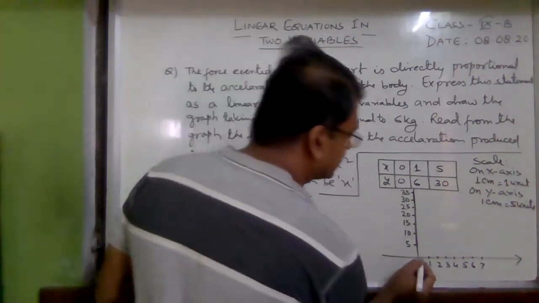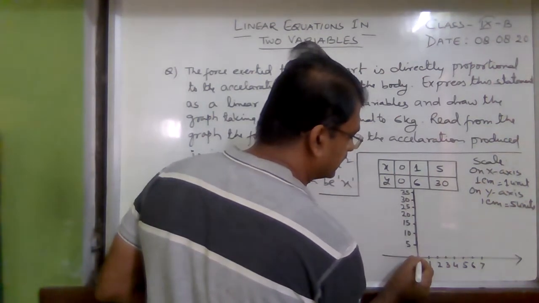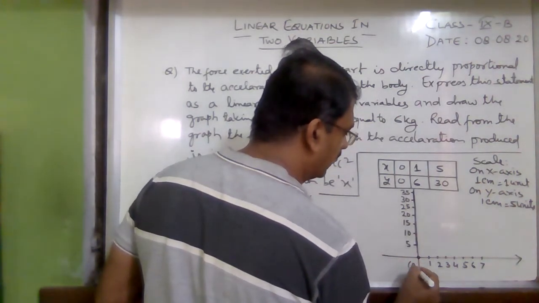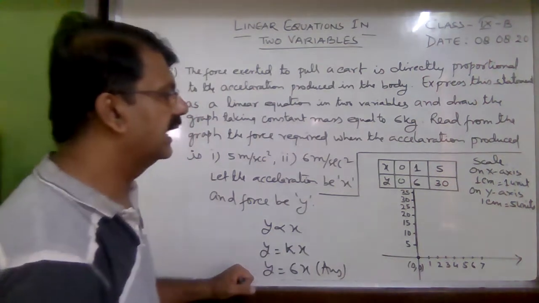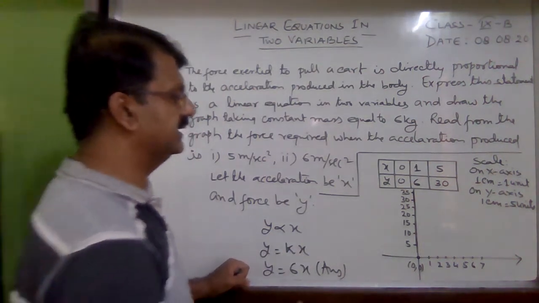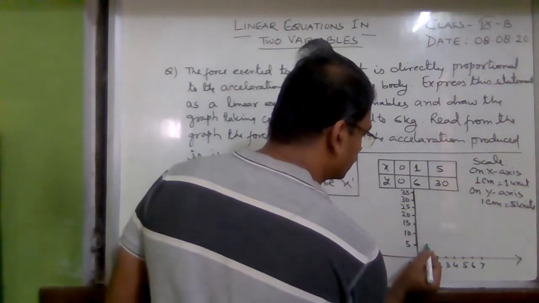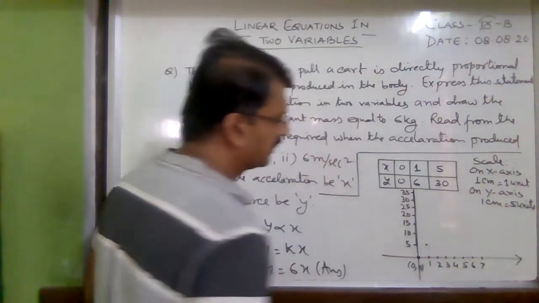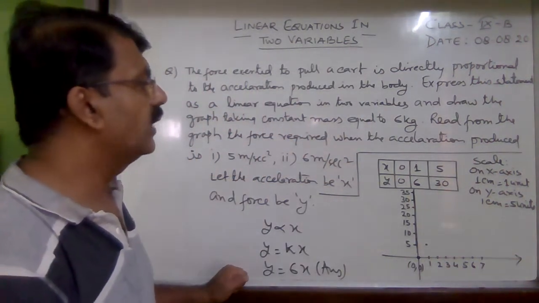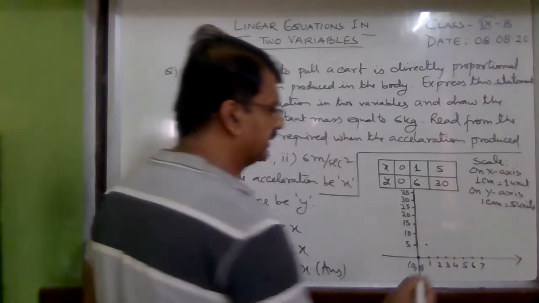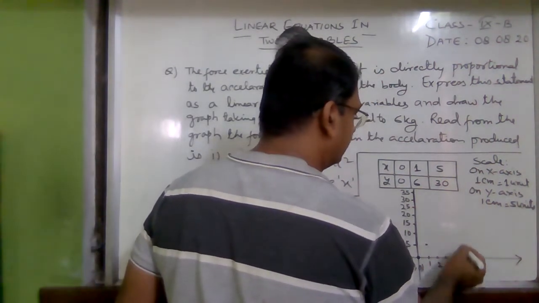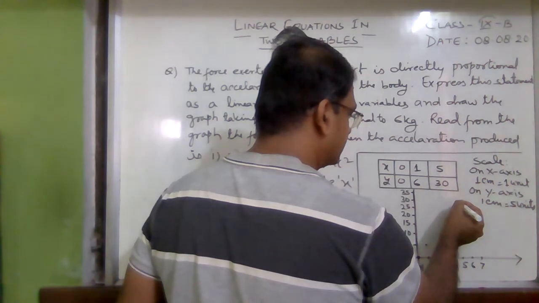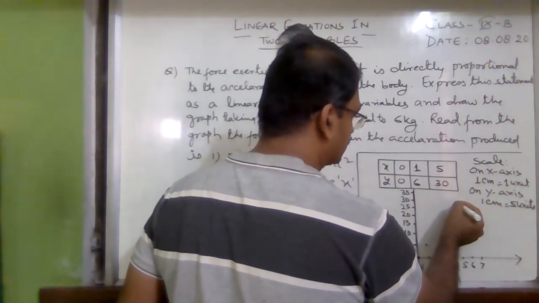Now when x is 0, y is 0, so there is the point (0, 0). When x is 1, y is 6, so it is almost here. When x is 5, y is 30, almost here.